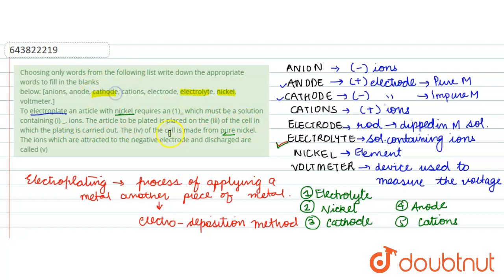Again, cathode is the electrode of impure metal, and we need to plate it with the metal to make it pure. Next, the anode of the cell is made from pure nickel. The ions which are attracted to the negative electrode and discharged are called cations. So this is the answer to the question.